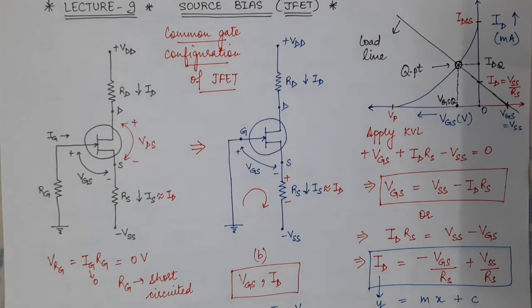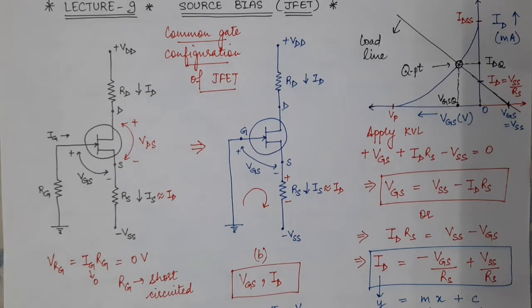So by this we can bias the junction field effect transistor properly, just by determining its operating point by all of these methods. In all of these methods, the Q point must lie in the middle of the load line or in the middle of the saturation region. Only then will proper or faithful amplification occur.